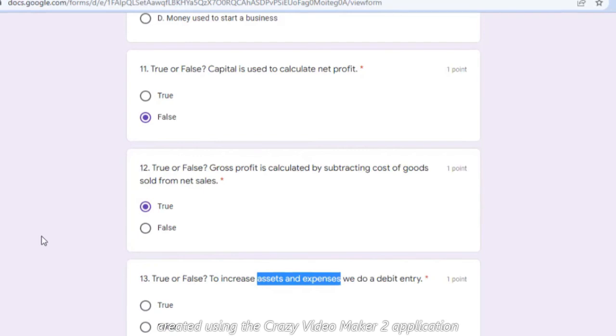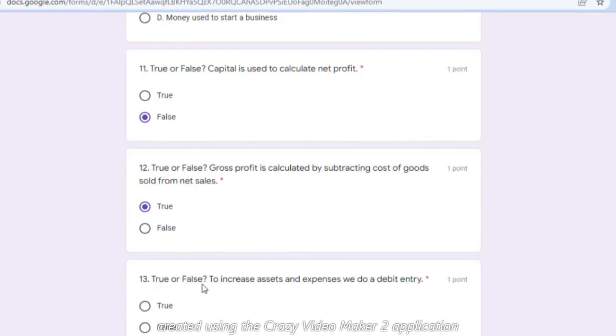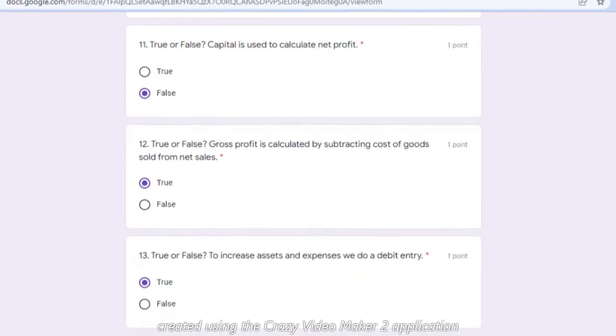I find creative ways to get at it, because it takes some technique to make it stick. This is true, because when we're increasing our assets and expenses, we do a debit entry. To decrease them, we do the opposite, which is a credit entry.